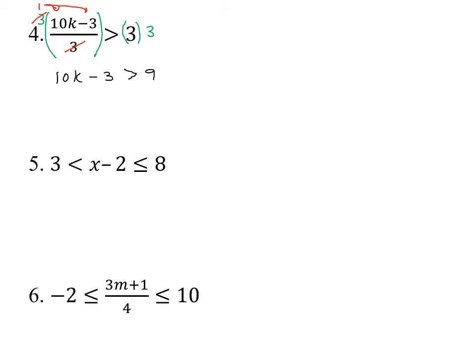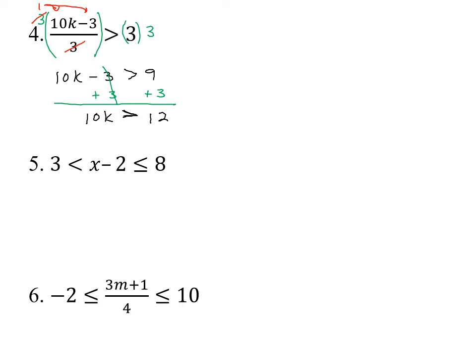At that point, I don't have to simplify one side or the other, so I can just add the 3 to both sides of the inequality. And I will get that 10k is greater than 12.